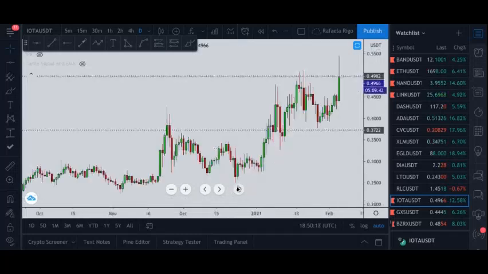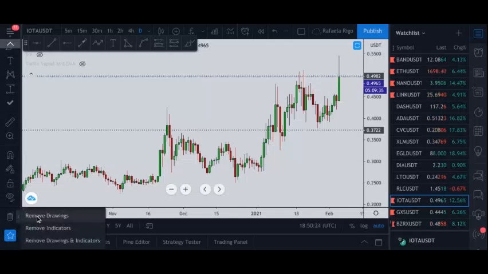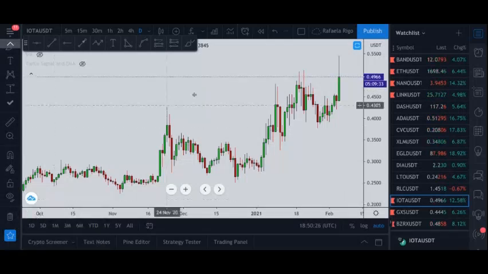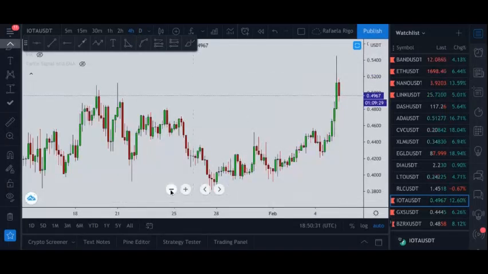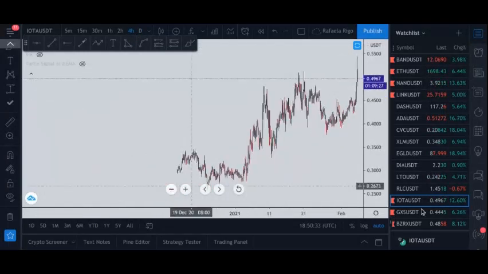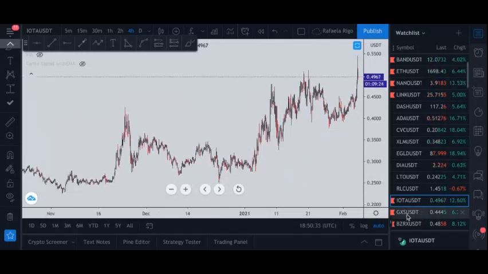Right. Let's just delete these lines here. Remove the drawing. So we will do this together. So again, sometimes the chart is small, like this one here was small.